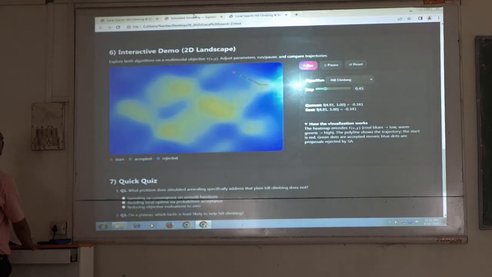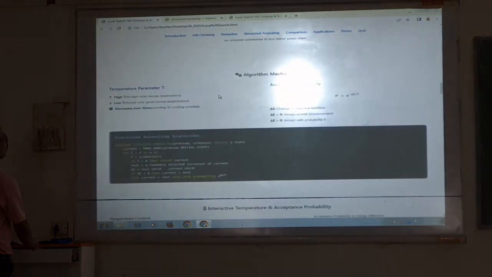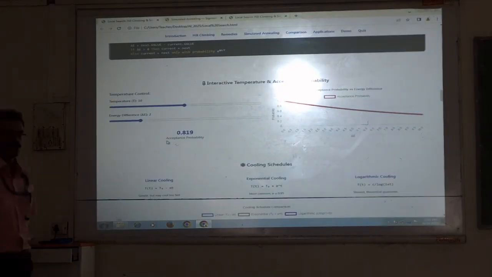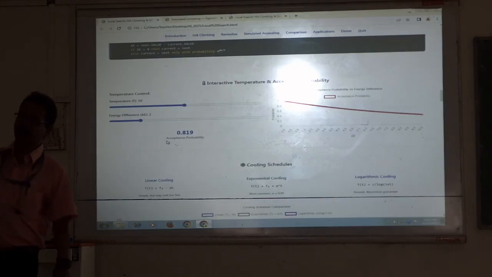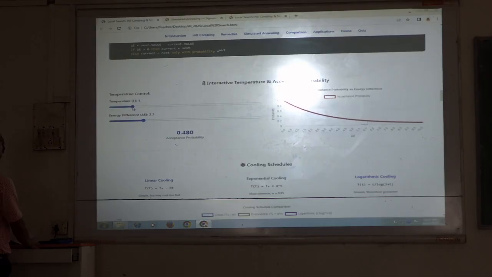Okay, now let us go back. So this is a graph. You can see here, for any kind of optimization, suppose the temperature and energy difference are changed. When the temperature is cooled down, you can see that my graph is being optimized.